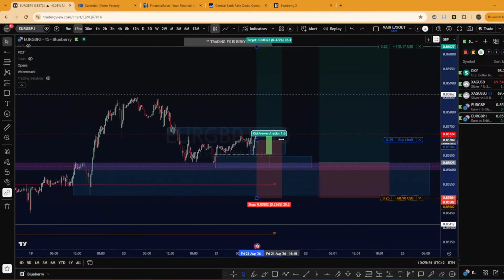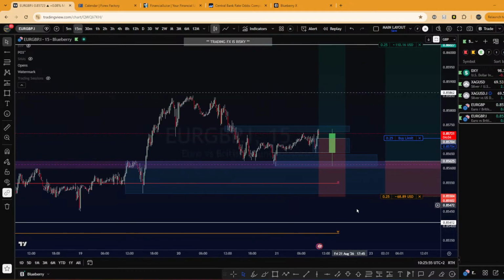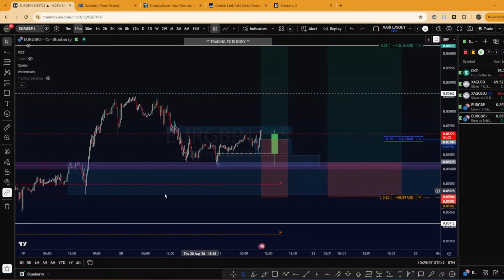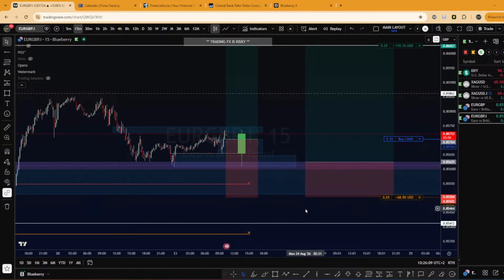Fundamentally, we are bullish. Euro is bullish, so I don't want this demand zone, which is my last line of defense, I don't want this to be broken. So let's see.